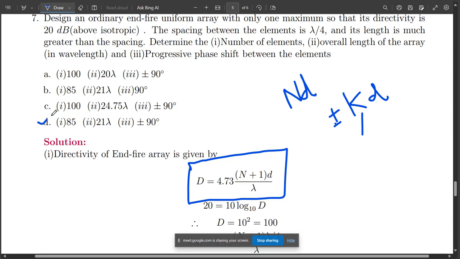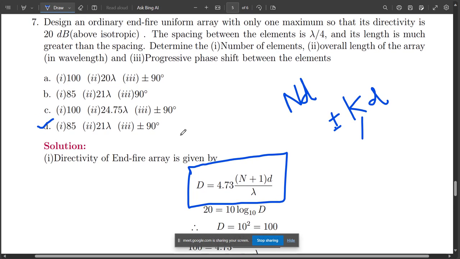Yes, very good. So D, correct. Answer D is the good answer. D will be the correct answer. Yes, plus minus 90, very good.